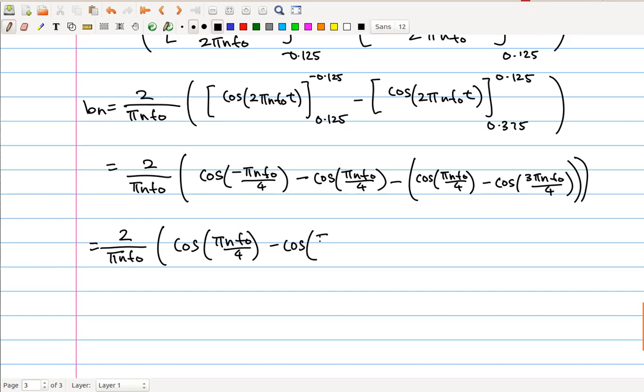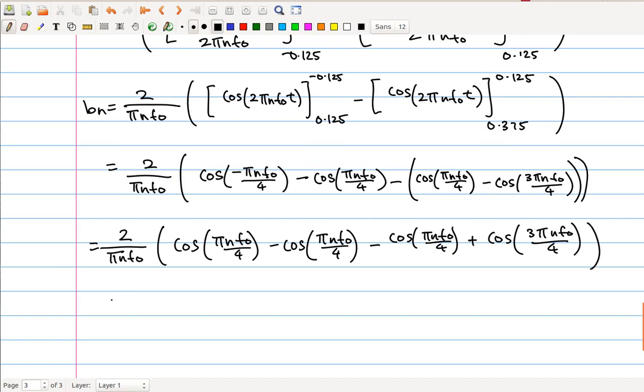So this will actually cancel with that one. These two terms will cancel. Okay, let's keep going. Cos pi n f0 on 4. I have to do something about this one, but that's okay, we'll leave it. Plus cos 3 pi n f0 on 4. The reason why this is positive is negative, negative, positive.